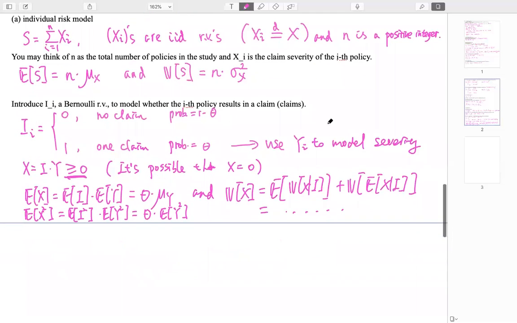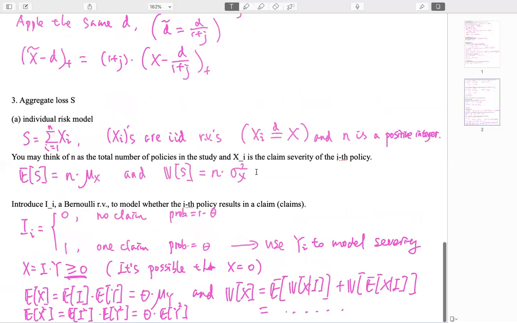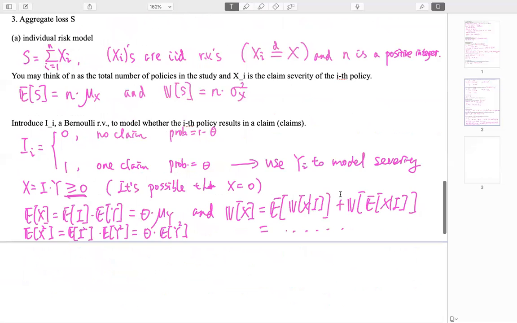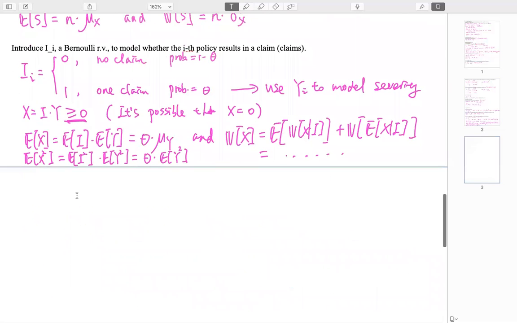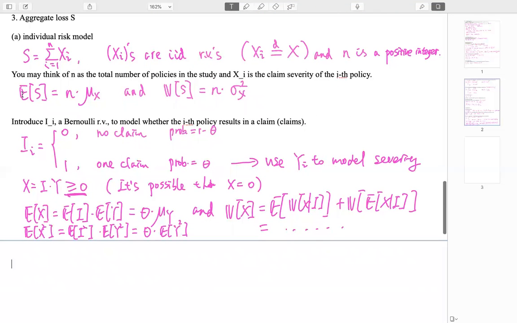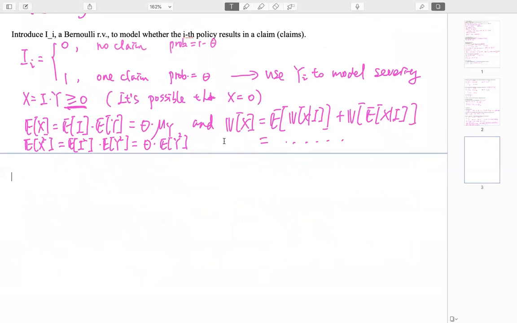From there, of course, we would like to know the actual distribution, right? So previously, we already derived the expectation and variance, but those are not enough to know the exact distribution. So sometimes we would like to know the exact distribution of S, if possible.